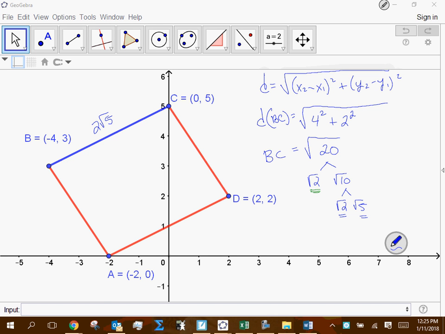Every single composite number you ever come across can be broken down to a product of prime numbers. Okay? What we're saying here when we do this is that radical 20 is the exact same thing as that radical 2 right there times that radical 2 right there times that radical 5 right there. Is that okay with everybody?